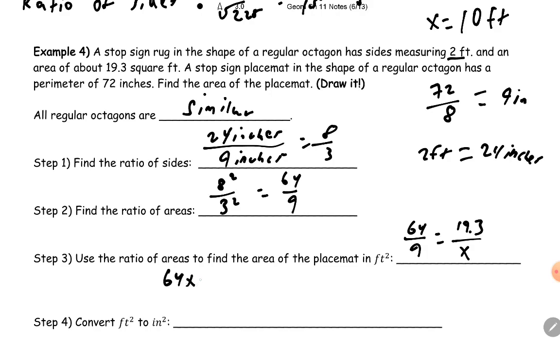So 64x equals 9 times 19.3, which is 173.7. Wait, I'm confusing myself. Yes, so we have 64x equals 173.7. So x is 2.7 square feet.